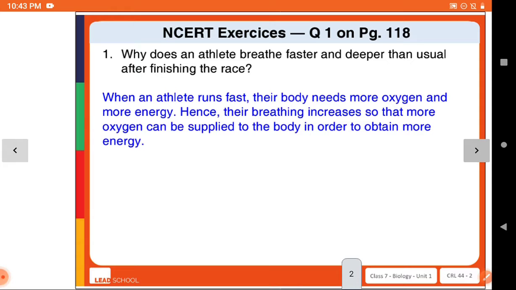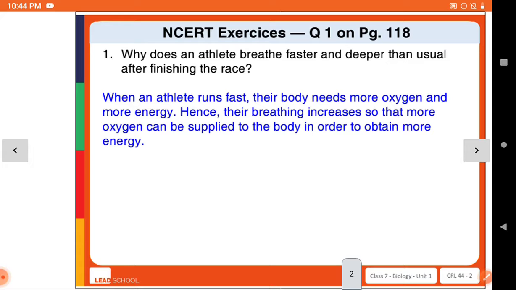So the first question is, why does an athlete breathe faster and deeper than usual after finishing the race? So what is the reason behind faster breathing? We know that when anyone runs fast, their body needs more oxygen and more energy at that time.